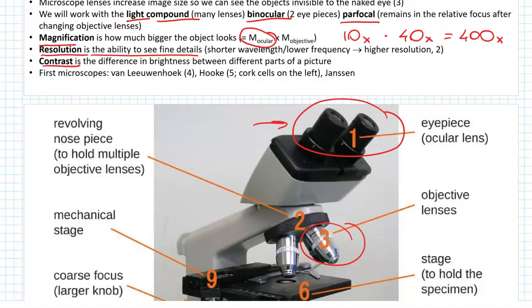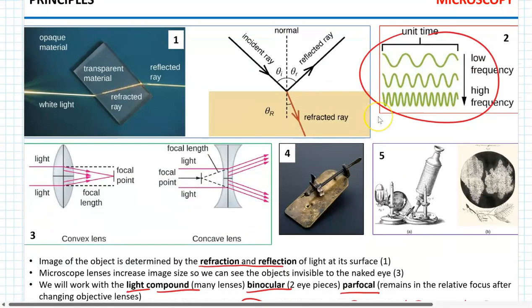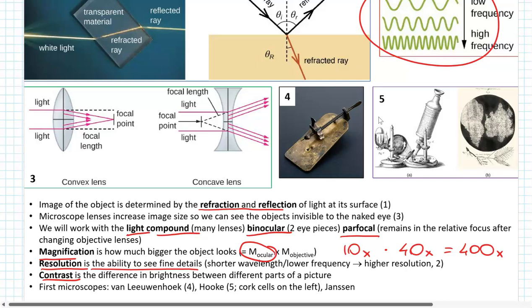Resolution depends on the wavelength of light. It depends on many other things. But for our intents and purposes, we want to focus on the wavelength or the frequency. So I don't want to go into the physics of how the wavelength determines resolution, but let's put it this way.